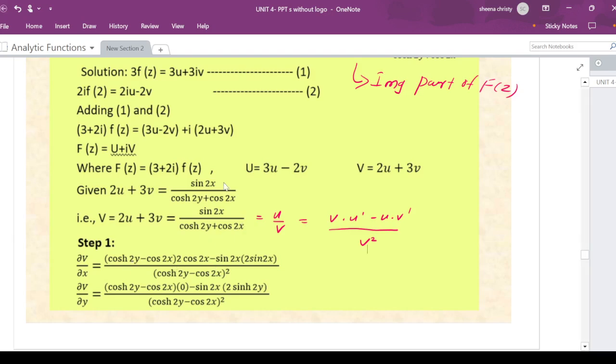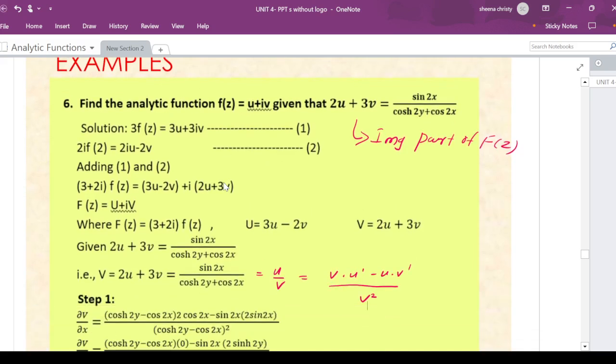Here in the problem the sign changes, so consider it as a minus sign. That is, we take capital V = sin 2x / (cosh 2y - cos 2x).